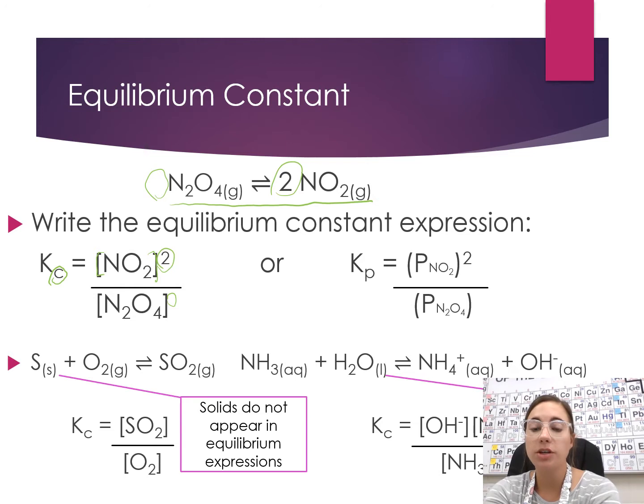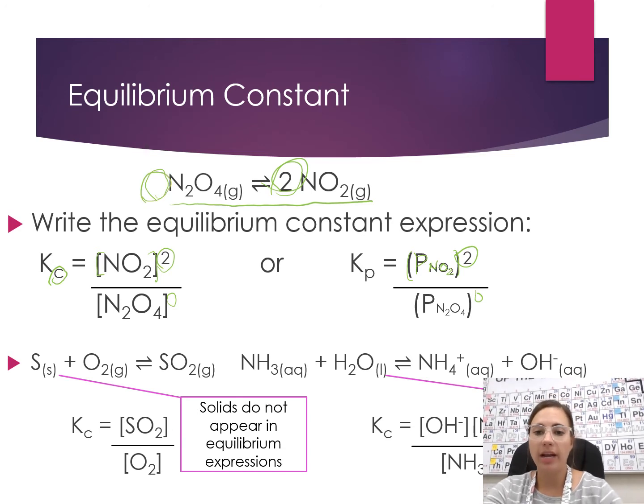If I write it in terms of pressure, again, I use parentheses and I use a capital P to indicate partial pressure, and I put the substance as a subscript down below, and then again, I raise it to its coefficient.